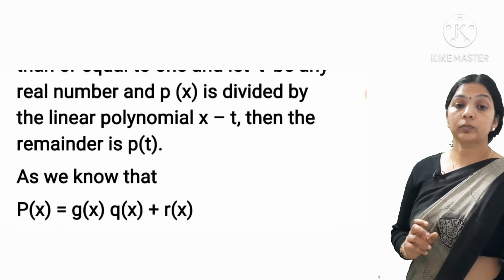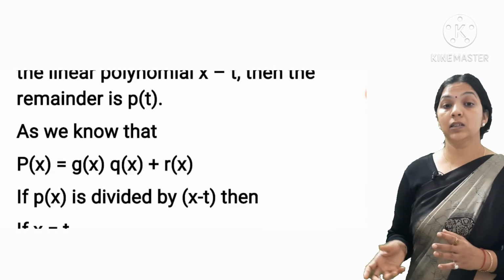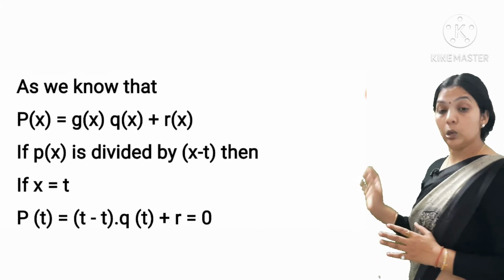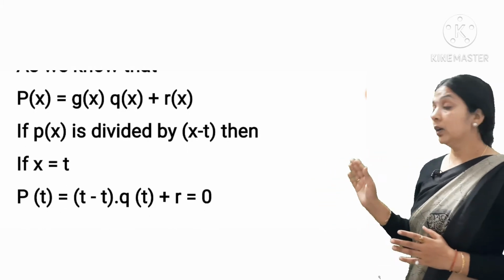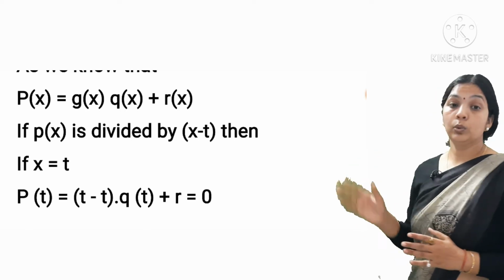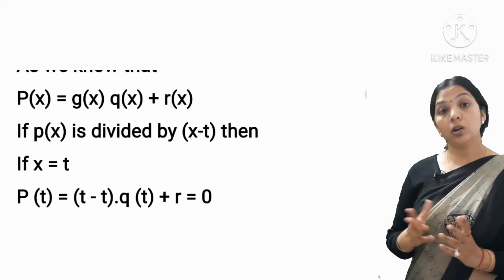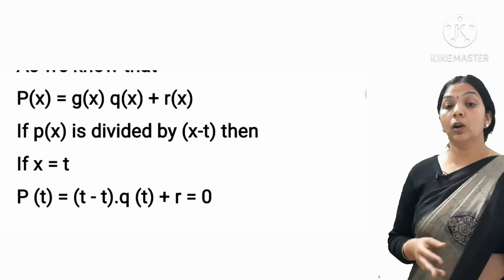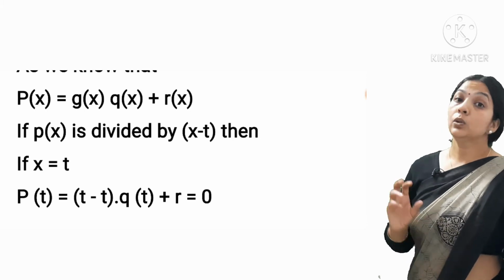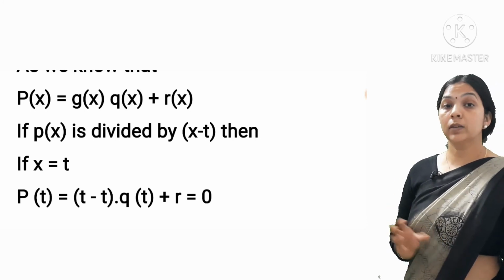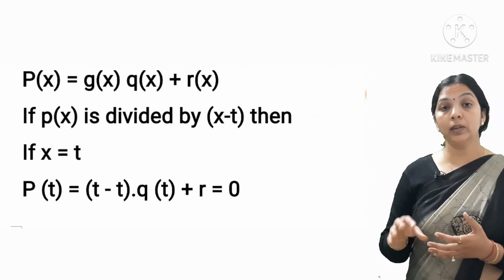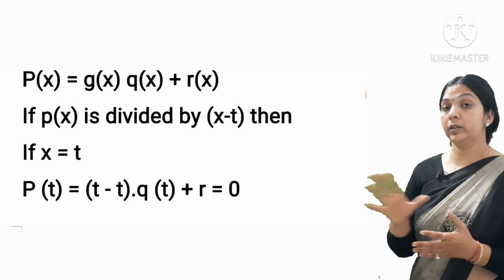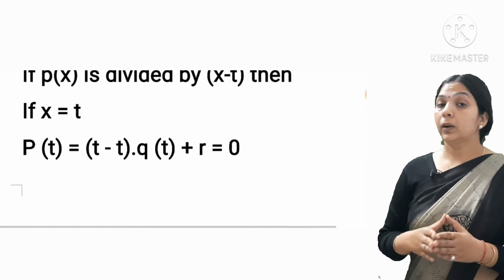So if p(x) is divided by x minus t, then if x is equal to t, then p(t) is equal to (t minus t) into q(t) plus 0. So to find the remainder or check whether it is a multiple of the polynomial, we can simply use the remainder theorem. We can place the value of t in the polynomial, and if the remainder becomes 0, then it is a factor of that particular polynomial.